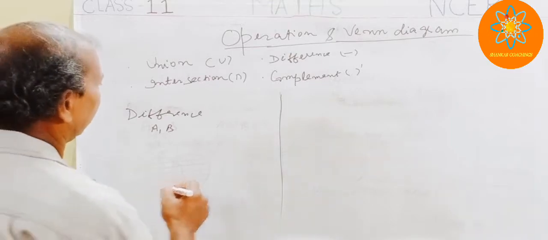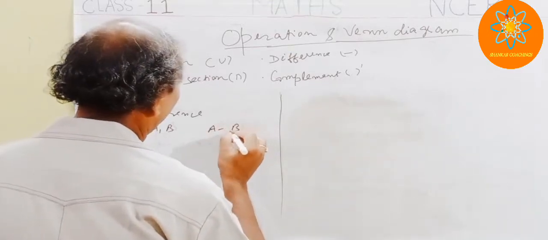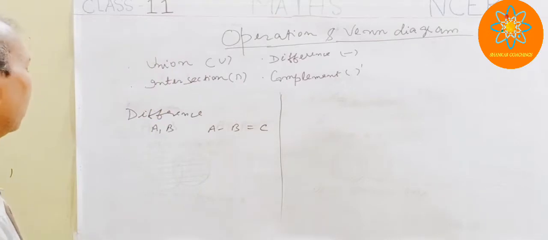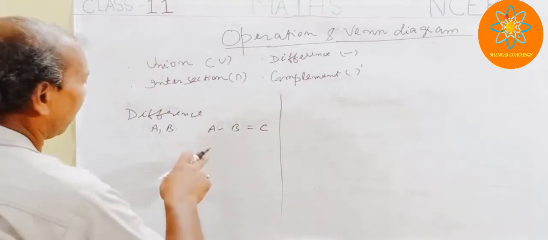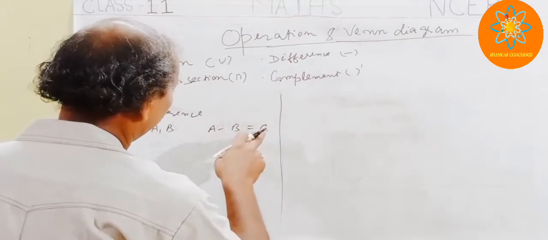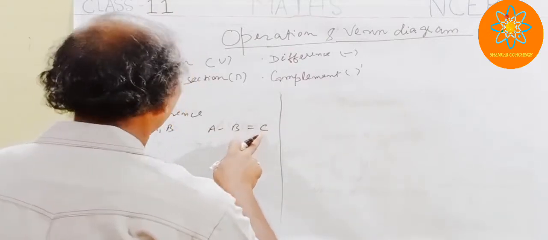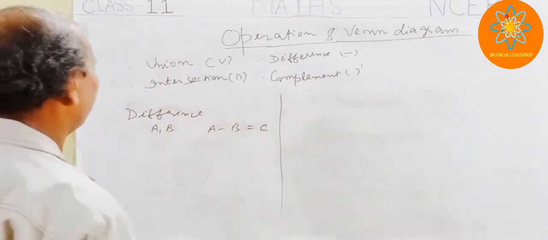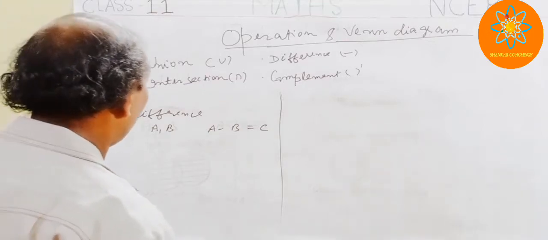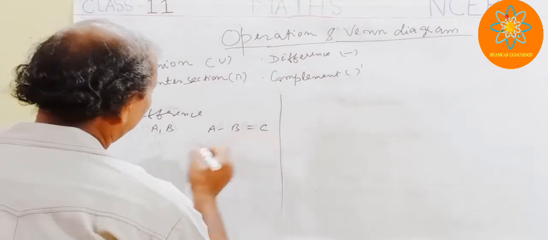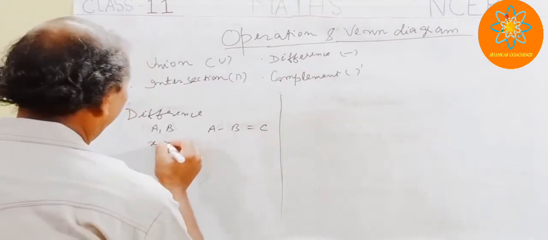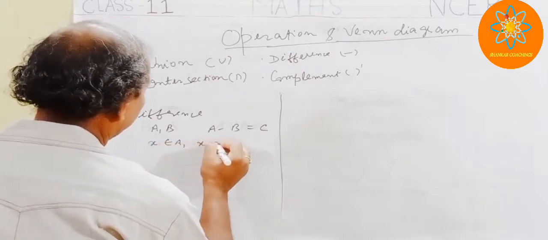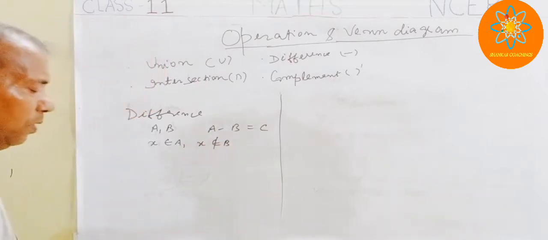I denote it by A minus B, and suppose it is equal to your set C. A minus B means that the members X in the set C are members of A, but are not members of B. So X must be a member of A, but X is not a member of B.